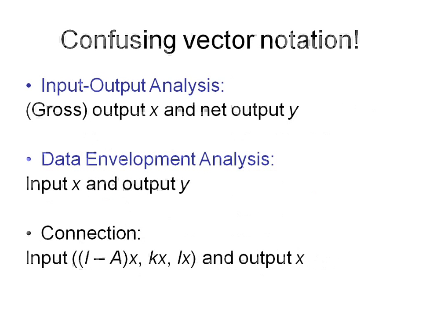So this is just a matter of notation. The notation is very confusing, at least to me, because in input-output analysis, x is used for the gross output and y is used for final demand or the net output. Whereas in data envelopment analysis, x is used for the input and y is used for the output. Okay? So it's a bit different.